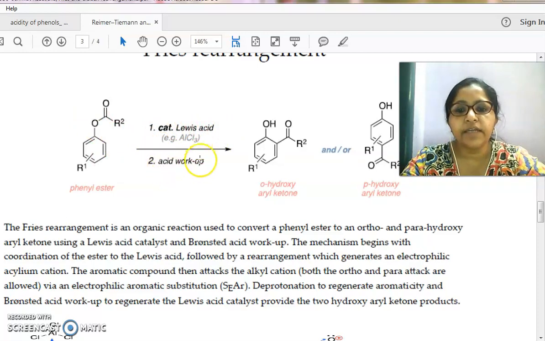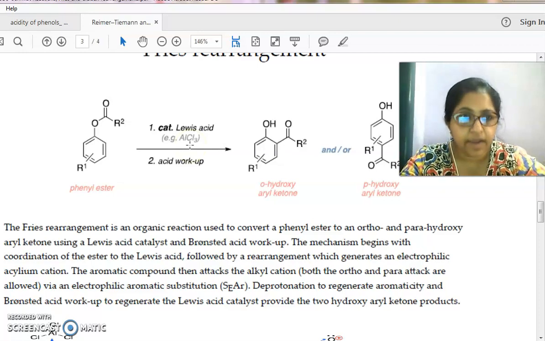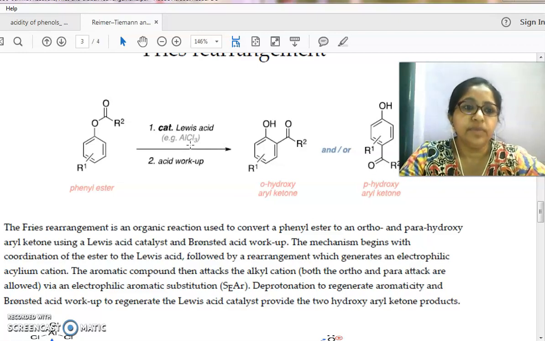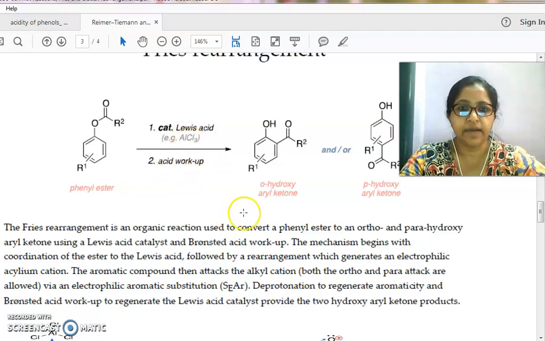What is the reagent used here? The catalyst is a Lewis acid. So you understand this is an electrophilic reaction as initiation. It is not a reaction, rather it is a rearrangement, but still it will have a role of a Lewis acid or an electrophile. So, the Lewis acid and an acid workup.